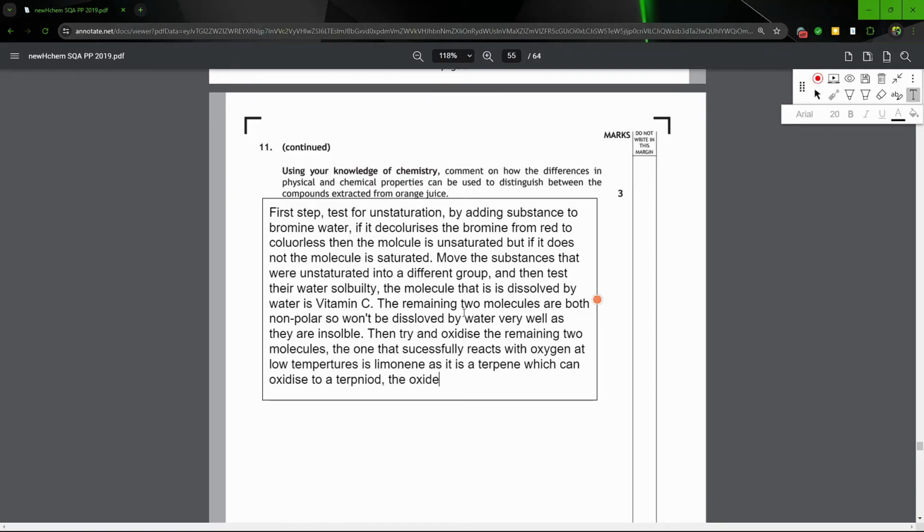The oxidized product would give off an unpleasant smell.